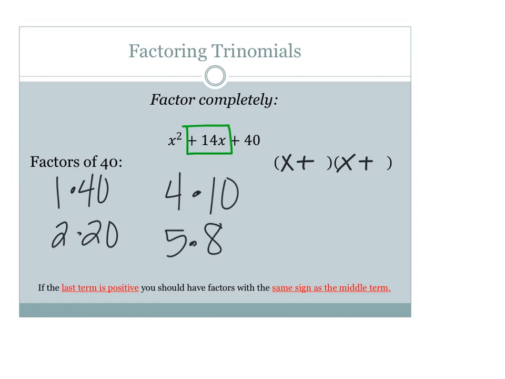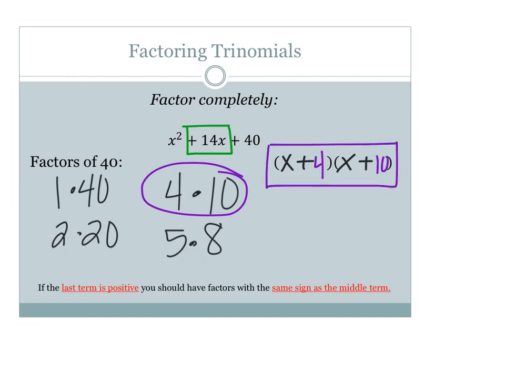So I'm looking at these groups of factors. I know that they multiply to equal 40, but I need them now to add together to equal 14. Okay? And the only two that add together to equal 14 are 4 and 10. So 4, 10. There we go.